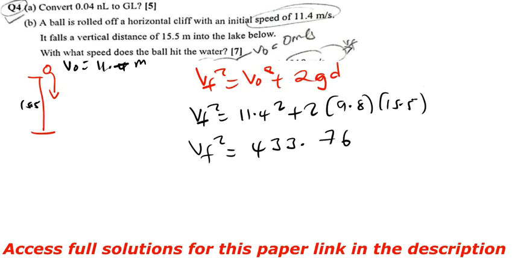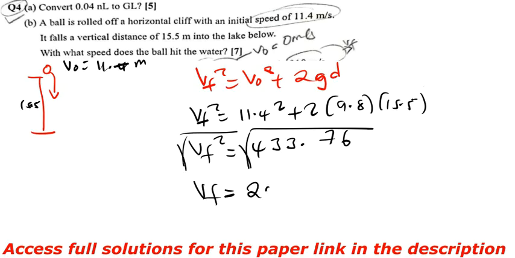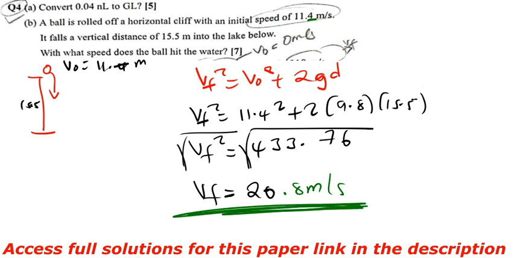Now if you get the square root both sides, so V final will be equal to the square root of this, which is 20.826. But this is in one decimal place, so I will leave my answer to be 20.8 meters per second. That's the answer. So this question comes from free fall motion, like I've said. So that is it for this question.